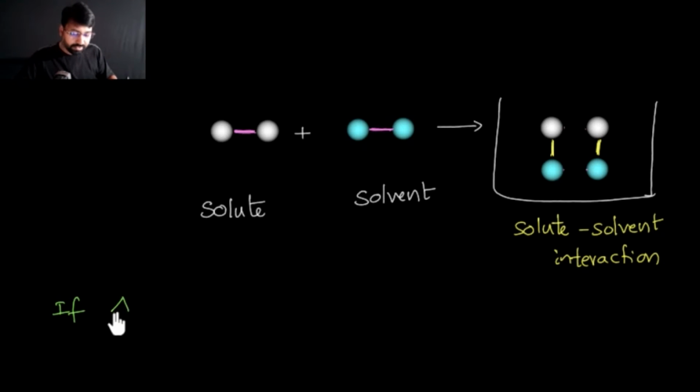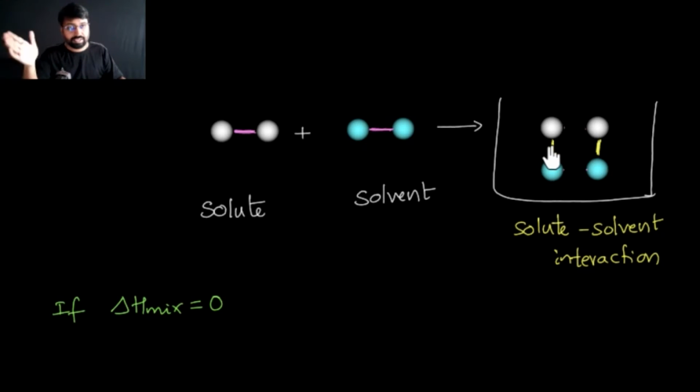So let's understand this. Enthalpy of mixing, delta H mix, is equal to 0, because the strength of bond broken and strength of bond formed are always equal when an ideal solution is forming. So in this case enthalpy of mixing is 0.